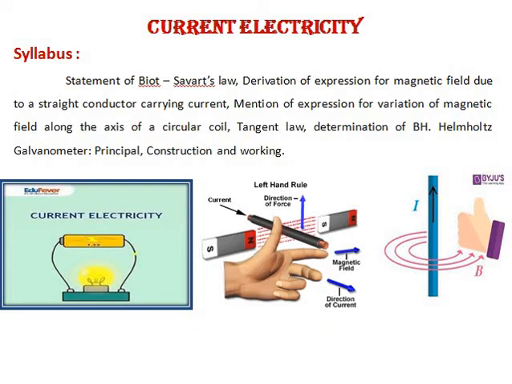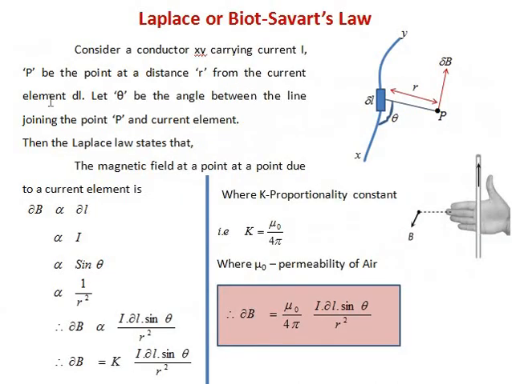Okay students, let's start the syllabus with Laplace or Biot-Savart's law. This law you already studied in PUC Science second year, so here you are going to repeat it. This is the current carrying conductor XY, carrying a current of I ampere, and on this conductor we took a small element dl.